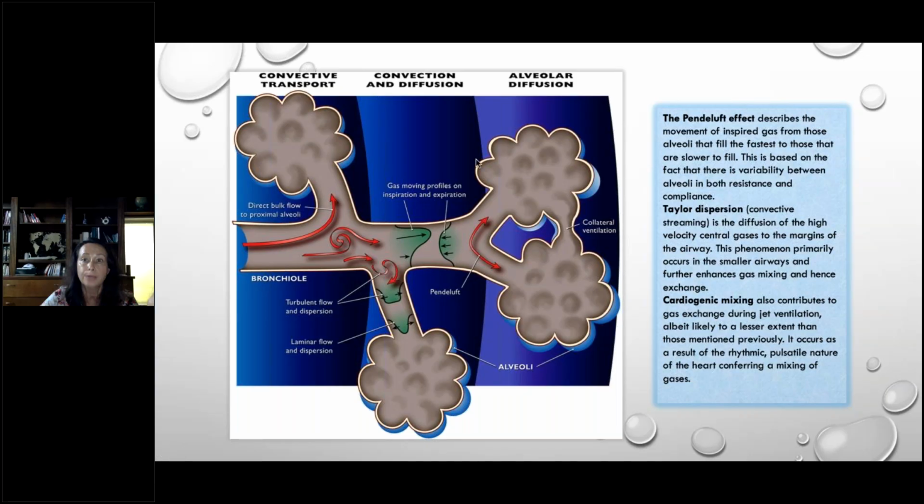And there is also the pendulum effect, where some alveoli have higher compliance and fill faster than the ones that have lower compliance and fill slower. So there's collateral ventilation that allows gas exchange between the two. And there's also the cardiogenic mixing that helps with gas exchange.